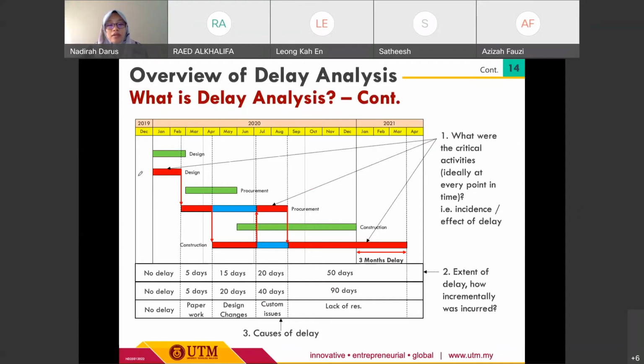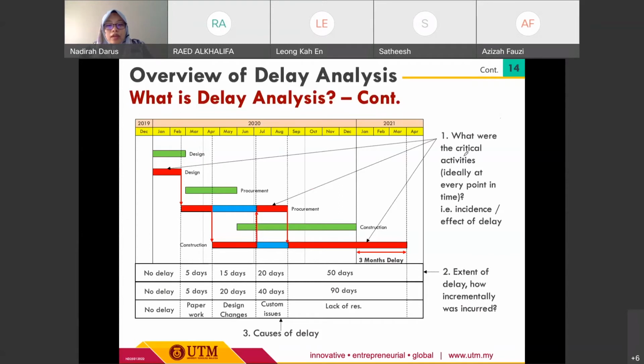We have this bar chart or the work schedule here. So what were the critical activities ideally at every point in time, for example, at the incident or effect of the delay?